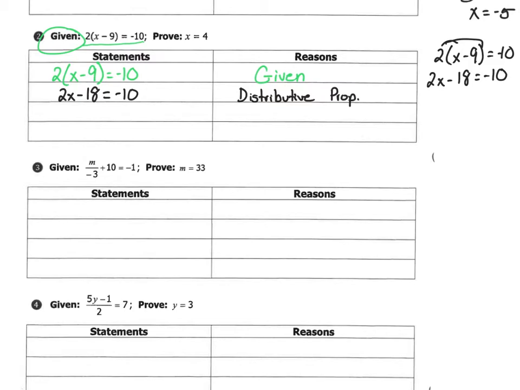From there, if you look back over here, we're going to add 18 to both sides. We get 2x equals 8. That'll be your next step. That would be addition property.